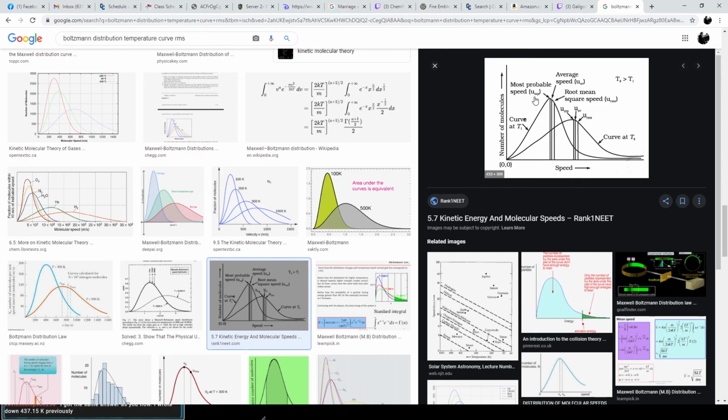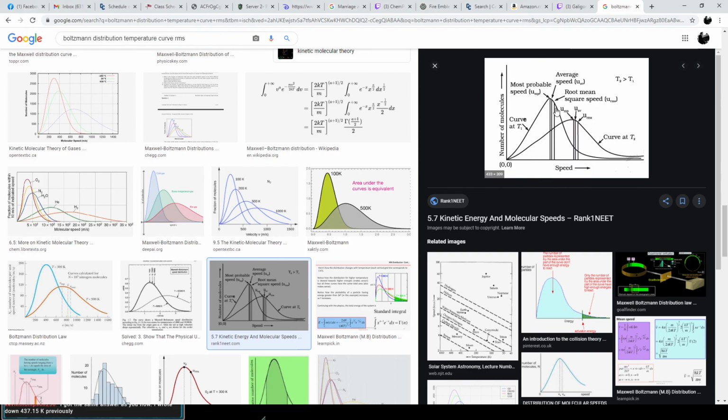I knew it. They were using U. Okay, we'll fix that. So notice here, temperature 2 is higher, right? We have shifted our graph to the right. We still have these 3 points we can talk about: our most probable, our average, and our root mean square. Those points will also be shifted up accordingly based on the temperature, and all of these will be proportional to the temperature change in Kelvin.